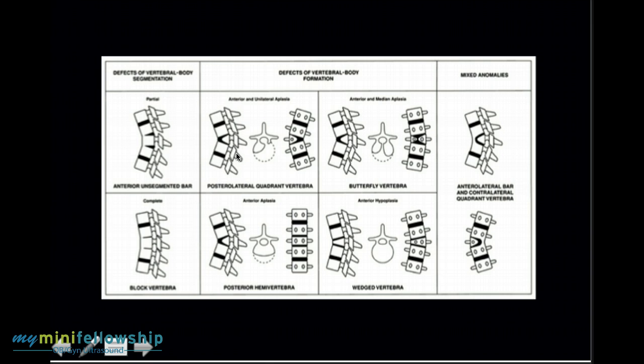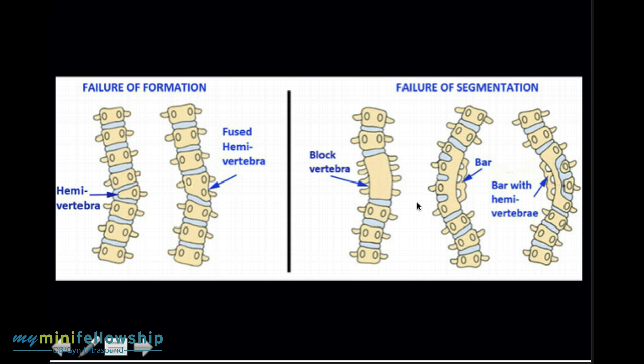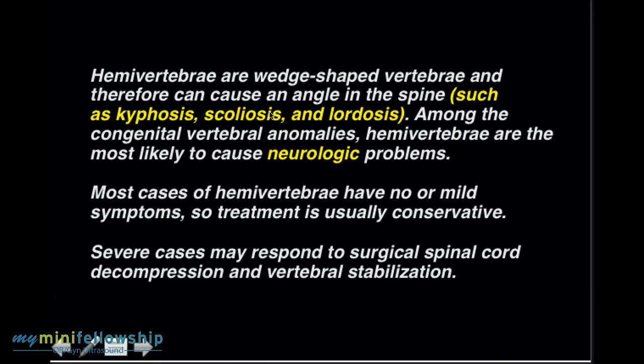There are various types of hemivertebrae. These we see all the time on x-rays in 60-year-old people who never knew they had it. Exactly. But the hemivertebrae are the ones that will bend the spine around and create a variety of issues in terms of either kyphosis, scoliosis, or increased lordosis.